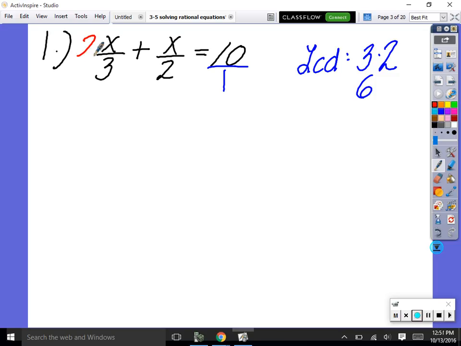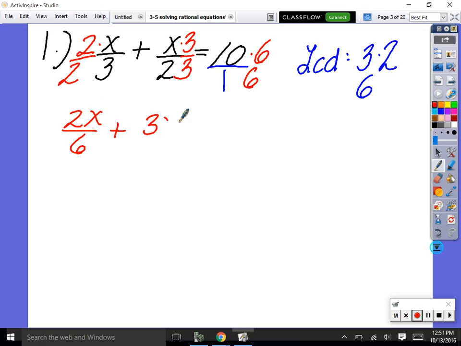So, we multiply by 2 over 2, we're going to multiply by 3 over 3, and over here we need the denominator to be 6, so we multiply by 6 over 6. Okay, now we have 2x over 6 plus 3x over 6 is equal to 60 over 6.